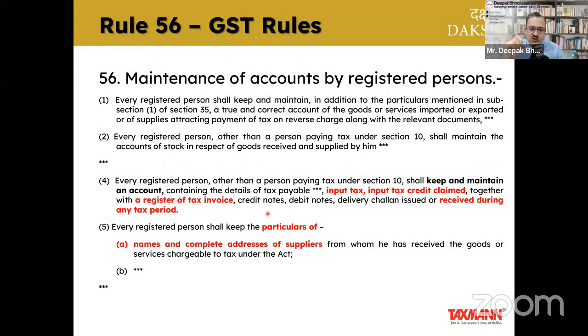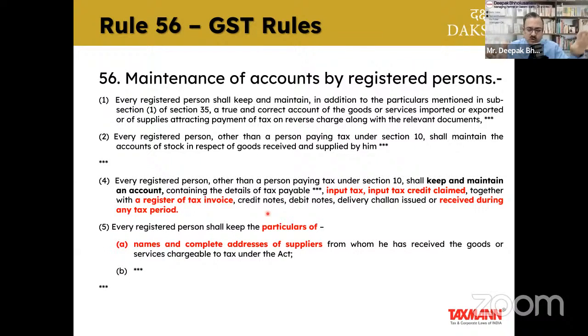But if I read Rule 56(1), it only talks about a separate account in relation to import of goods or import of services, right? So if I now resegregate my inward supply account, it needs to be segregated into two parts.